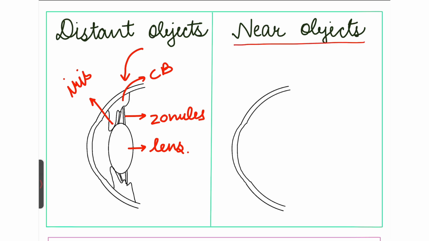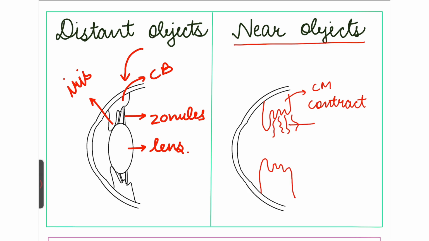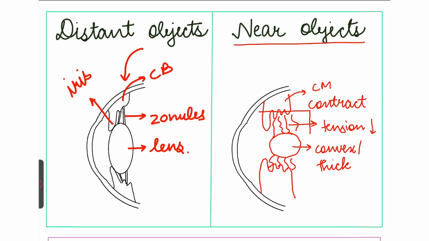While looking at near objects, the ciliary muscle will contract, the zonules will become lax, the tension reduces, and the lens will become more convex or thick. You can remember this like the zonules and the lens act as one unit. Both of them relax while the ciliary muscle contracts.